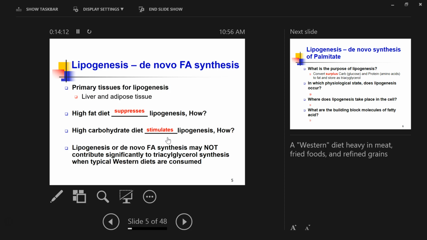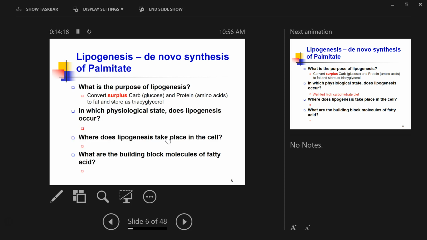So we're going to talk about more later. Okay, so now the concept. What is the purpose of lipogenesis? Why do we need to do lipogenesis?